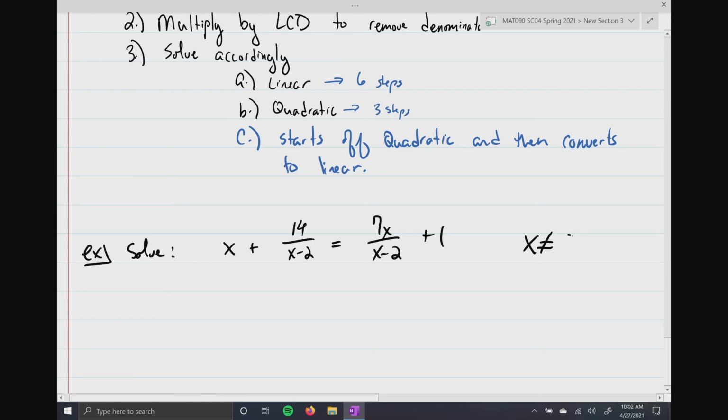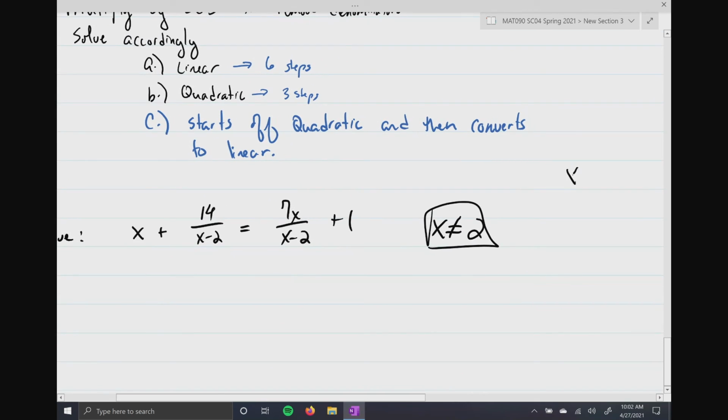X is not allowed to equal 2. I know that from the very start. And how did I get that? Well, in my head, I said, I'm going to take the denominator. I'm going to write not equal to 0. And I'm just going to solve. I know x cannot equal 2. All right? So I already know that.